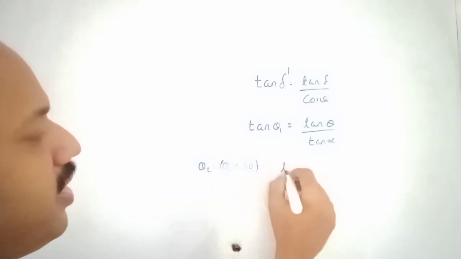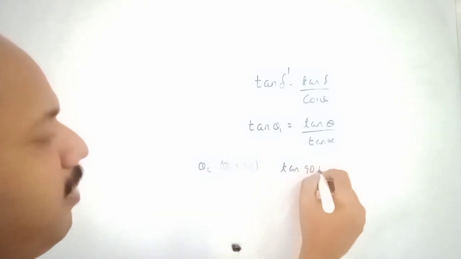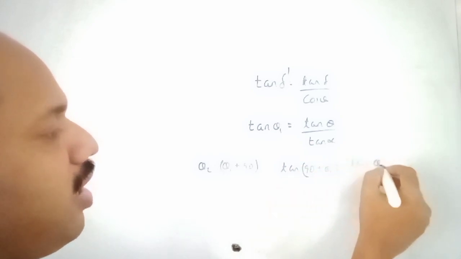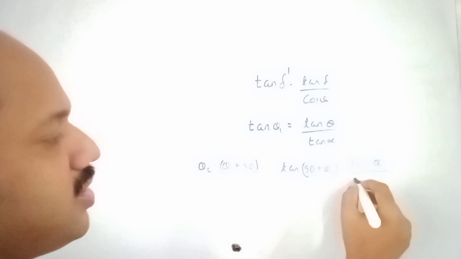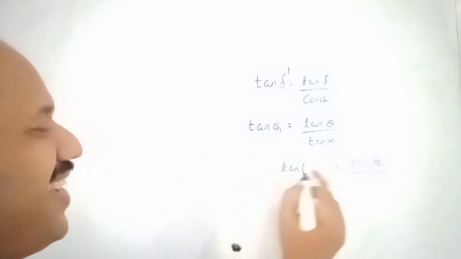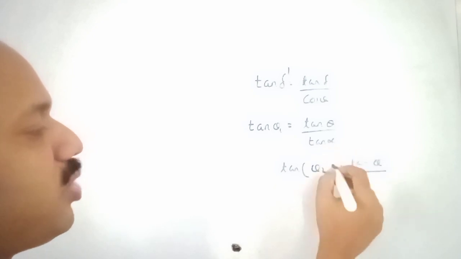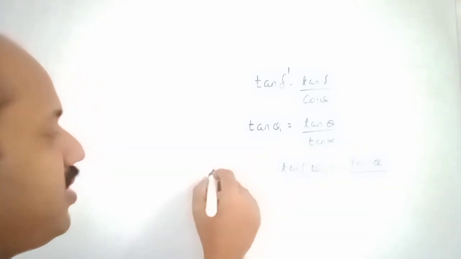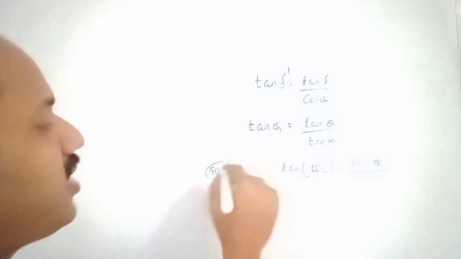The apparent dip is tan theta 2. Now it is inclined by an angle of 90 degrees, so the new angle is 90 plus alpha.